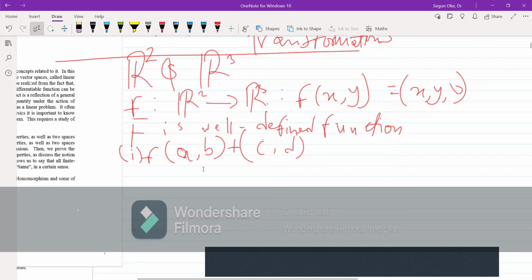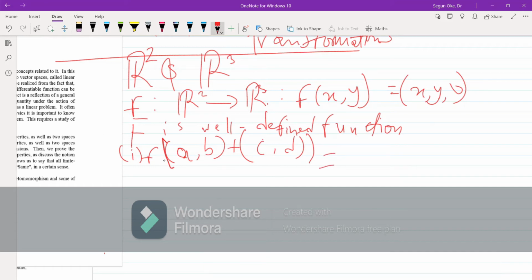Now, if you have the same function in this particular case, how do we define it? We have f of a comma b plus c comma d, all in big brackets. Don't forget, all in big brackets. Here we have f of a plus c, comma b plus d.